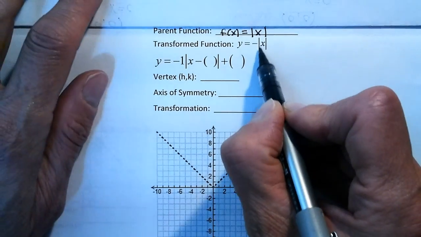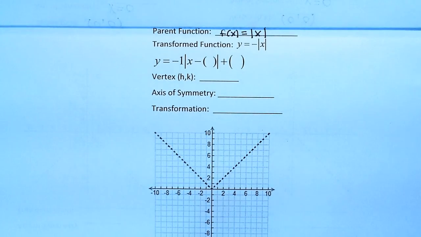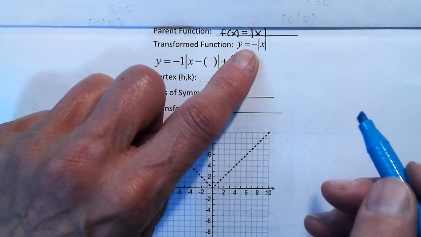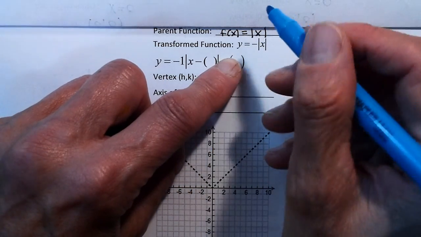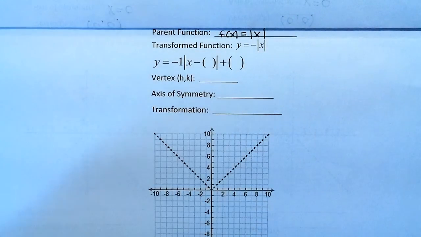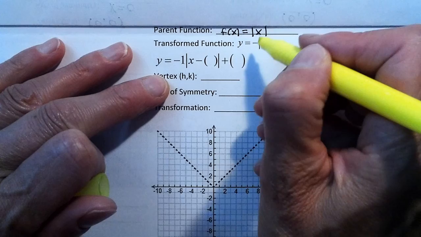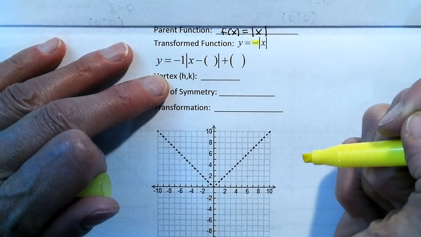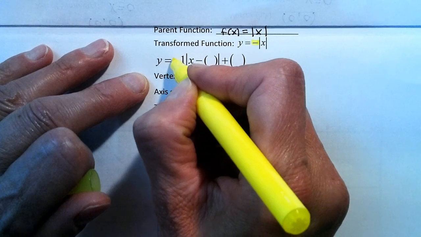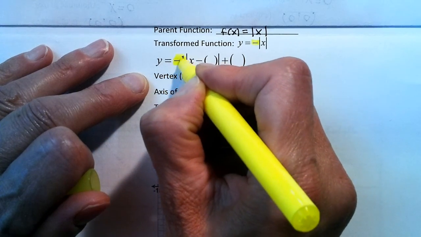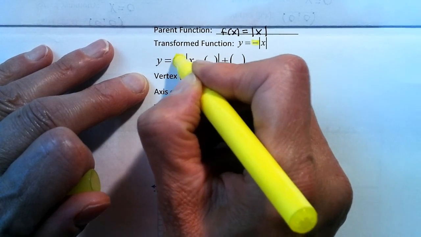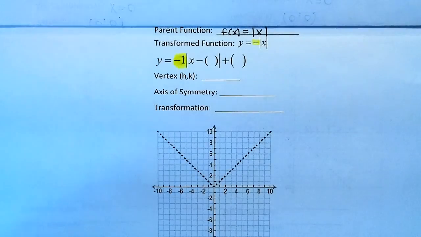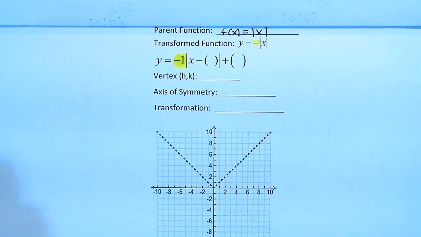So what do you notice that's being multiplied to the front of the absolute value? Well, we have this negative sign that's being multiplied in front of the absolute value. That's the same thing as -1 times the absolute value. Those are the same thing.